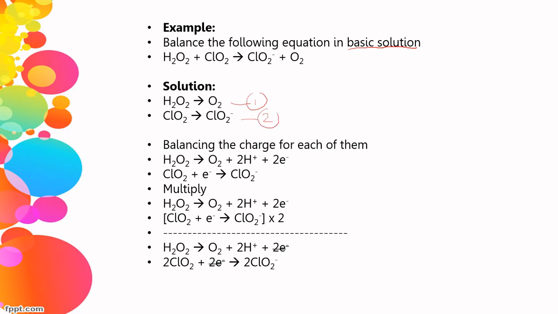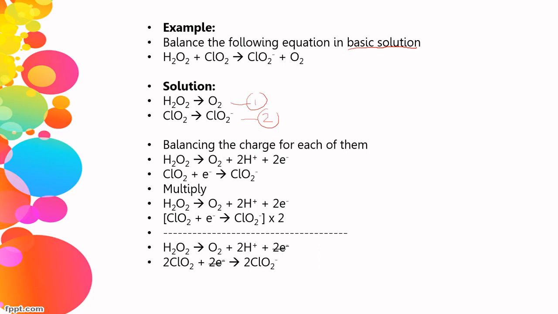Okay, so we need to balance the atoms. In the first half equation, we do not have any atom except oxygen and hydrogen. We also need to balance the oxygen, but this oxygen is already balanced. So what's left is we only need to balance the hydrogen.